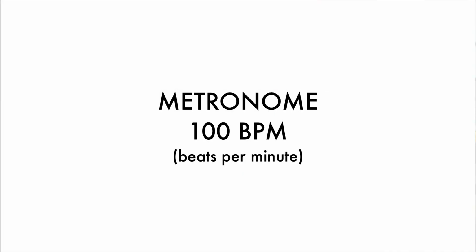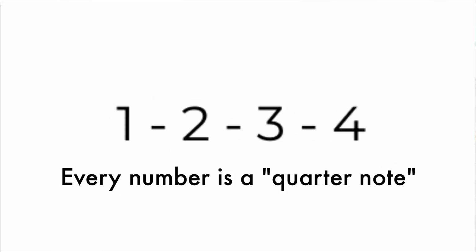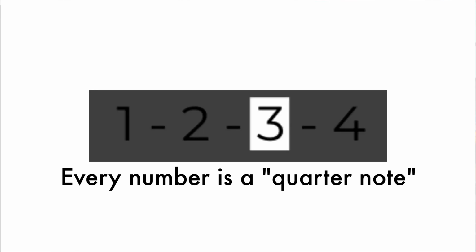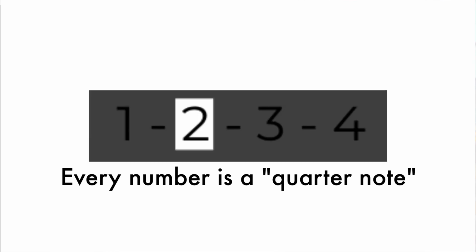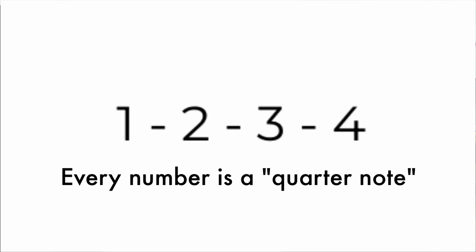So for this, we are going to use the metronome at 100 BPM, beats per minute. Here we go. 1 2 3 go. 1 2 3 4, 1 2 3 4, 1 2 3 4, 1 2 3 4. Very well. Too easy, right?